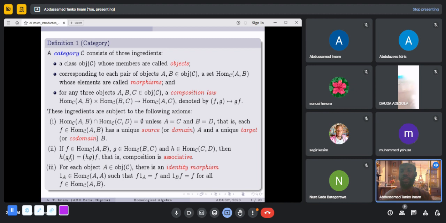And then the second requirement is to say that the composition law that you have in the container should satisfy the associativity property. So the associative law must be satisfied by the composition.